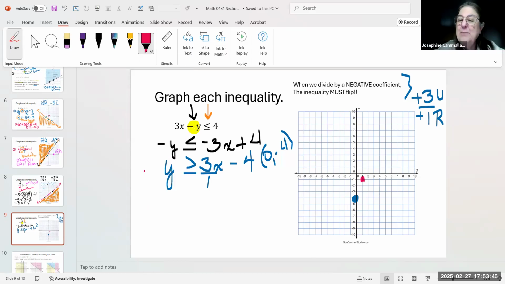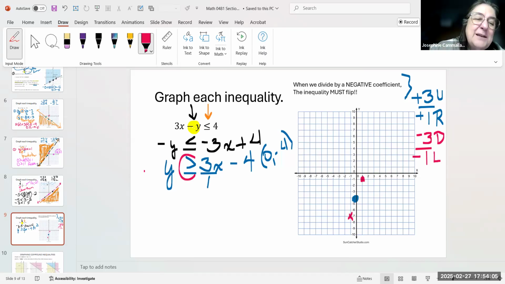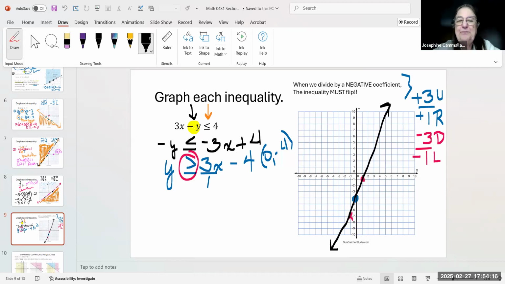So I'm going to be right about there. But don't forget, I got to do the opposite, because I've got to go down from my blue point. So this is down and left. 1, 2, 3, and I'm right here. Now, this symbol has a line underneath it. So that makes life really easy. I have a solid line.